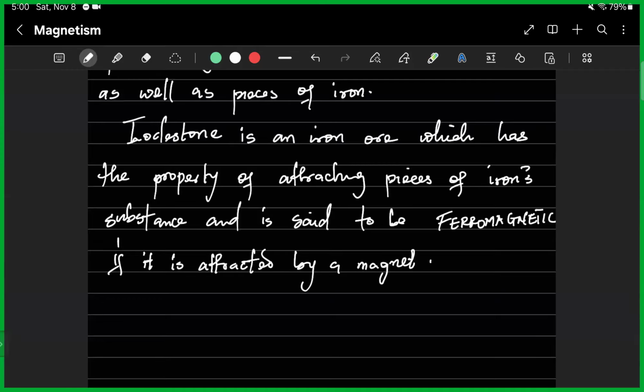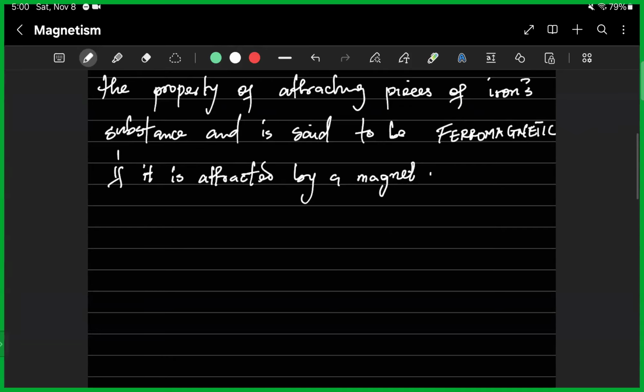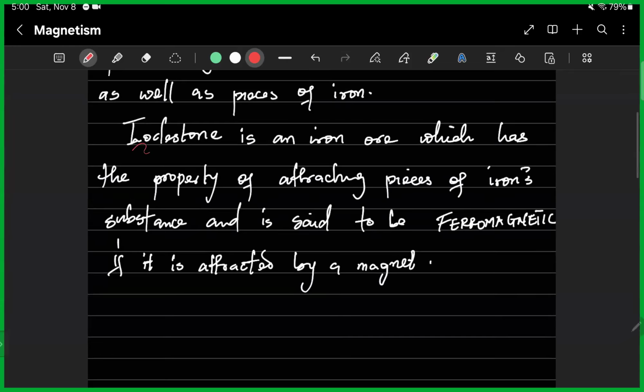So the idea here is that this is the magnet, the iron ore, that acts like a natural magnet. Let's keep on talking.